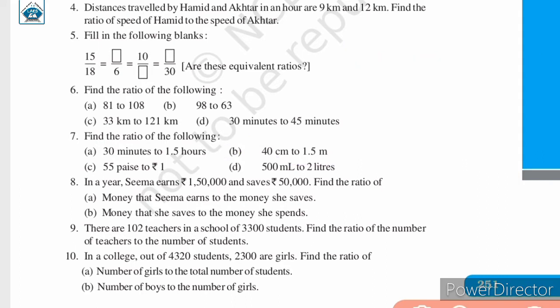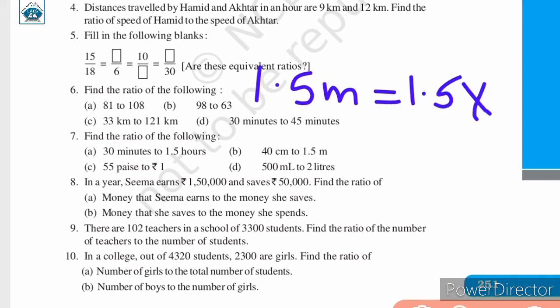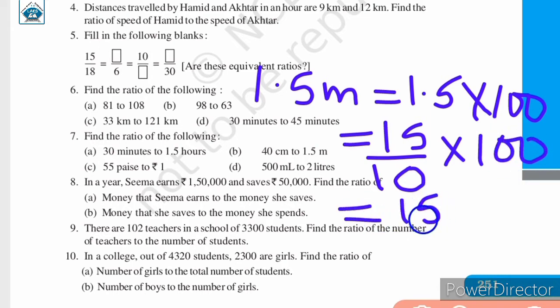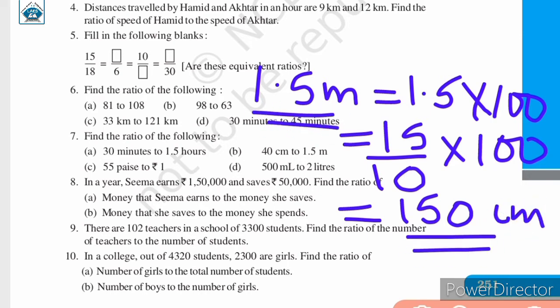So 1.5 meter will be equal to 1.5 multiplied by 100 centimeter. Again 1.5 can be written as 15/10 multiplied by 100. So this will be equal to 150 centimeter. So 1.5 meter is equal to 150 centimeter.